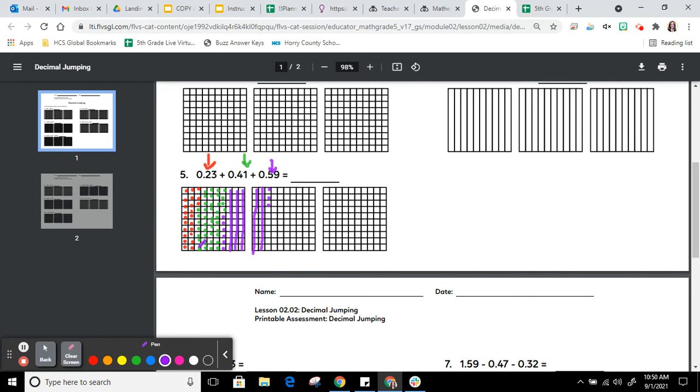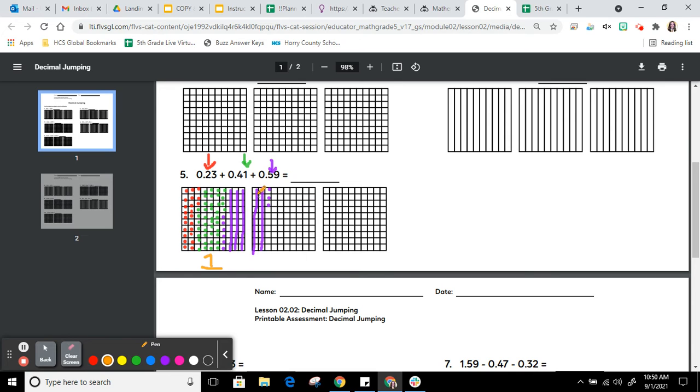Now we have to add it all together. Well, when we had 23 hundredths in red, 41 hundredths in green, and part of 59 hundredths in purple, we filled a whole box, which means we have 1 whole. Left over, we have some in this other big box. All these small squares represent hundredths.